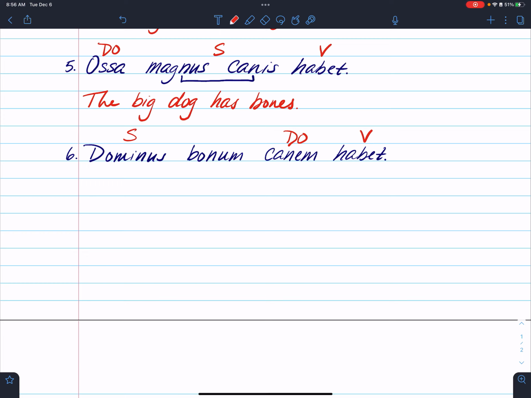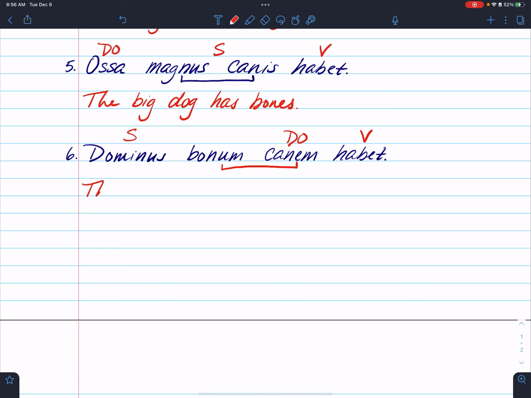Now the question is, what is the adjective bonum going with? Is bonum nominative? It could be if it's neuter, but are dominus or canem neuter? No, they're both masculine. So bonum then has to be going with what? What's my only option? Canem, yeah. Okay, so my translation, who's the dominus?